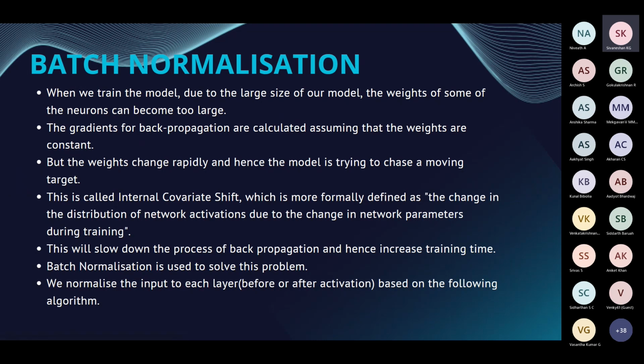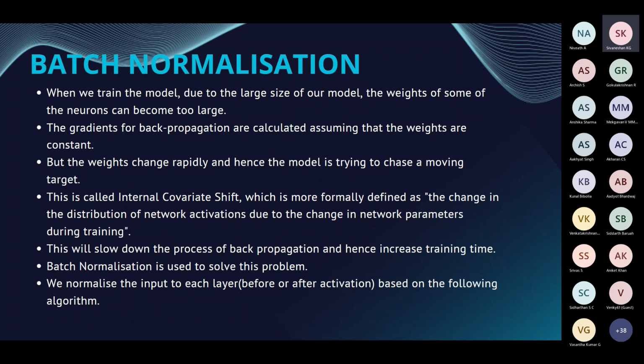Batch normalization is a very important thing that we do when it comes to convolutional neural networks. You remember that we normalized our data before we passed it into our model. Normalization basically means you subtract the mean from it and divide it by its standard deviation. Now the data is centered around 0, so the mean is 0 and it has a standard deviation of 1.